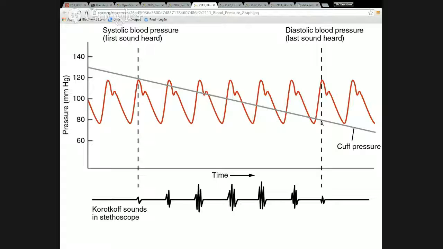I'm never listening to the stethoscope when my pressure is being taken, but I'm always kind of interested in paying attention. And before digital blood pressure monitors became common, and actually in a lot of offices, it's still done in a kind of analog fashion. You can watch the dial or the column or whatever it is that's actually representing the pressure in the system.